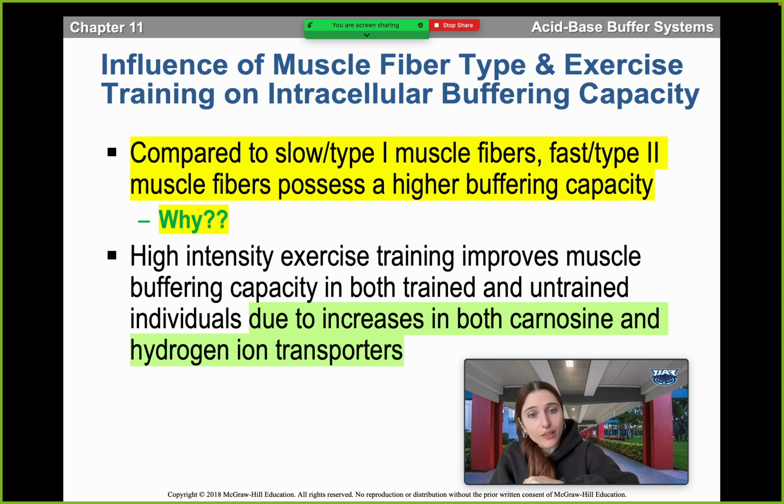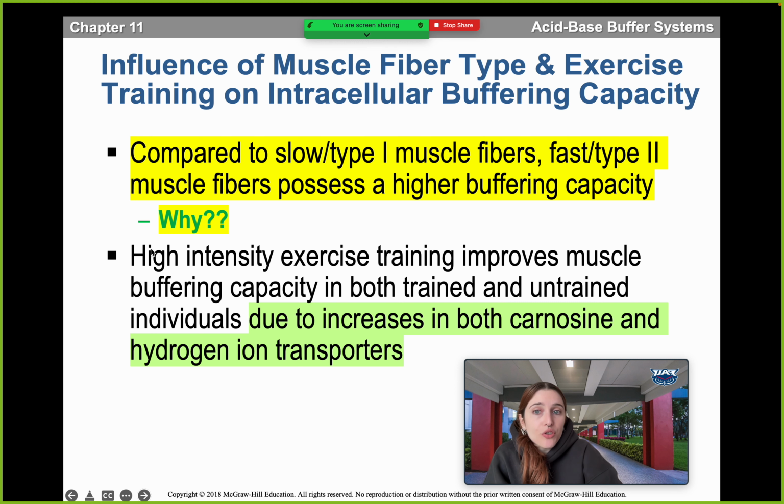The glycolytic fibers are the ones producing the lactic acid because they're doing glycolysis. Slow twitch fibers or type 1 fibers are oxidative. They're not really dealing with anaerobic metabolism producing lactate, so they don't need as much of a buffering capacity. So when we ask why they have these differences, simply put, it's the one muscle fiber that's producing the lactate, so it's the fiber that needs the buffering capacity.